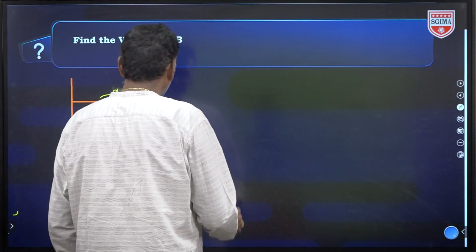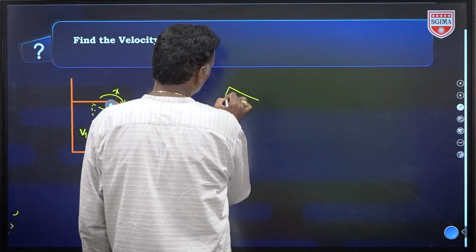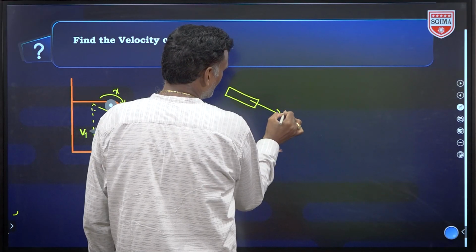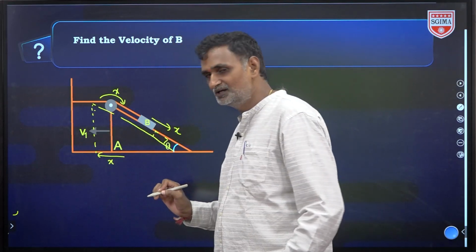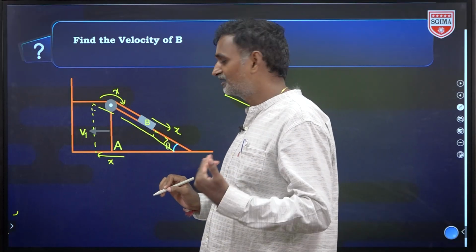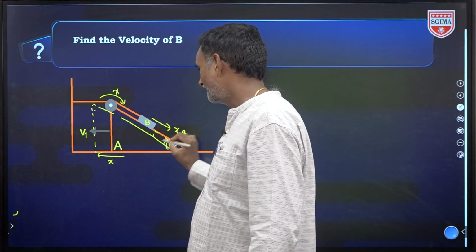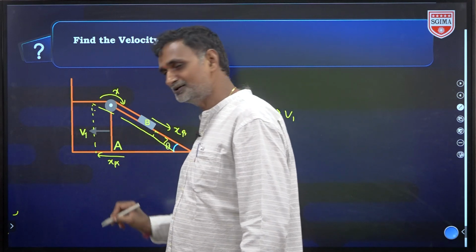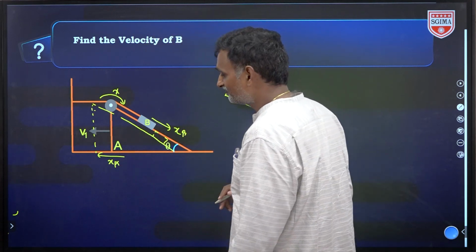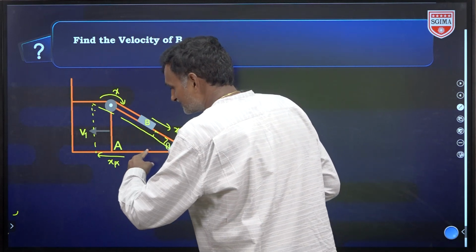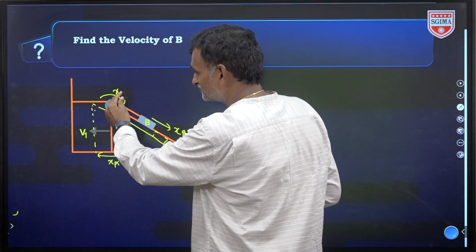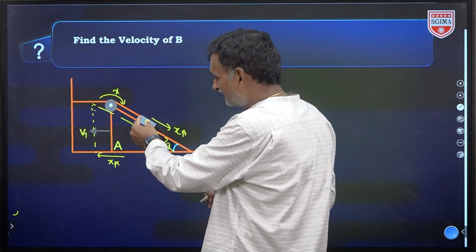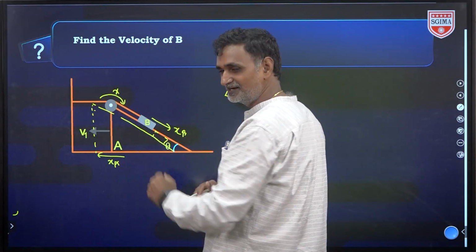Once again, in the diagram, this is block B, falling downward with velocity V1 also. Why? Generally we take xb and xa, but as per the concept, if A goes this side by xa, the same string loosens and block B also moves the same distance xa.